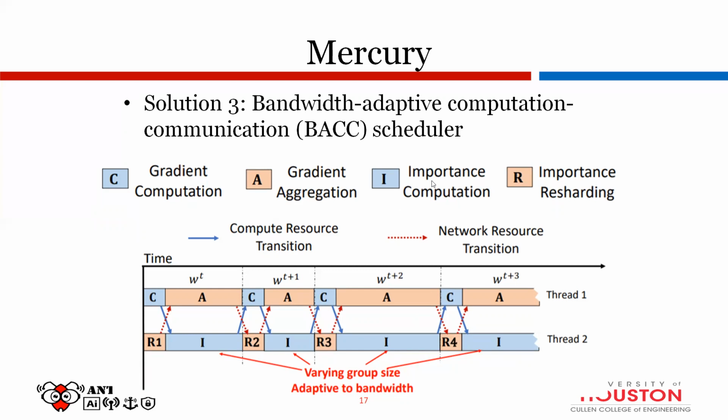So what they can do is divide it into two threads. One thread is our classic SGD. As you can see, it's only the gradient computation and the gradient aggregation and so on. The other thread tries to do the gradient aggregation, the importance computation, and the importance resharding.